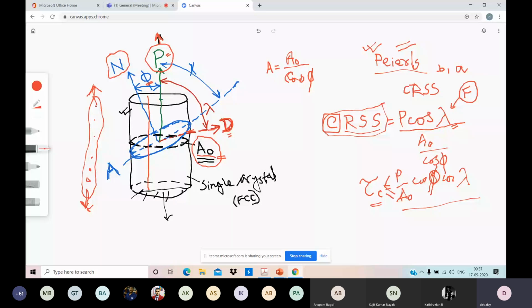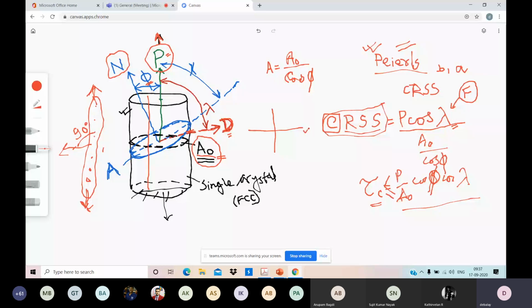You are not shearing, but stretching. The plane normal is 90 degrees with respect to your loading, so phi is 90 degrees, and cos 90 degrees will again be 0. So on this plane or that plane, in both cases, there will not be any slip. If the slip planes are oriented in this way, no slip.